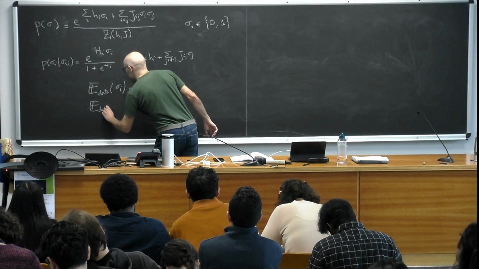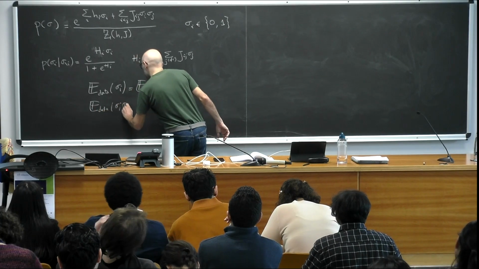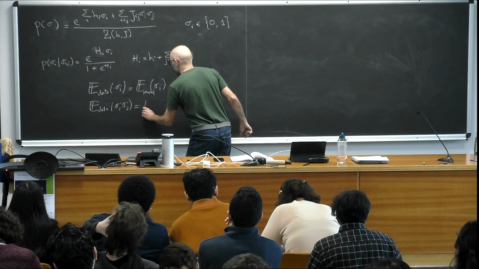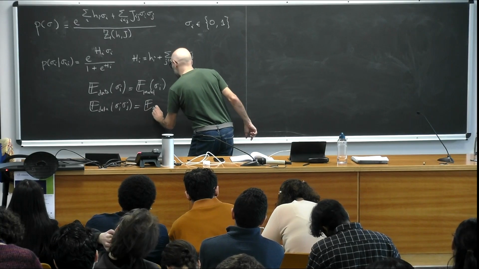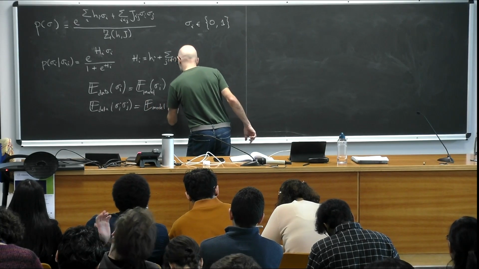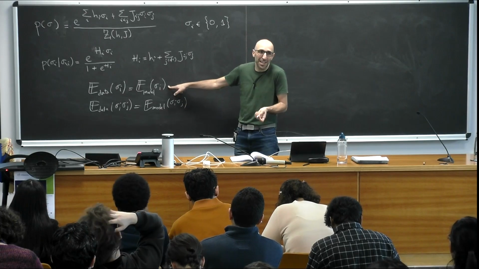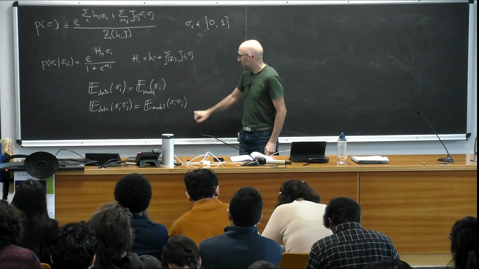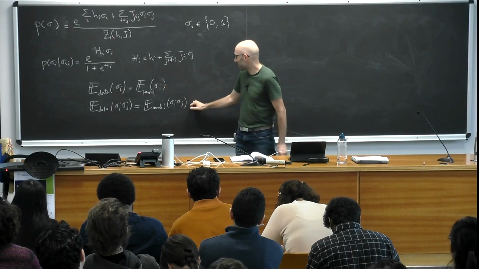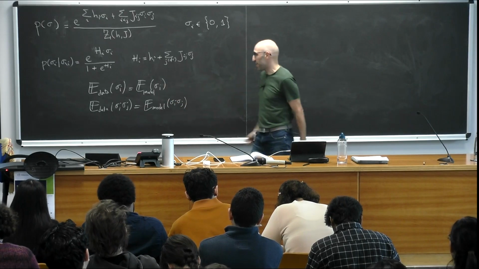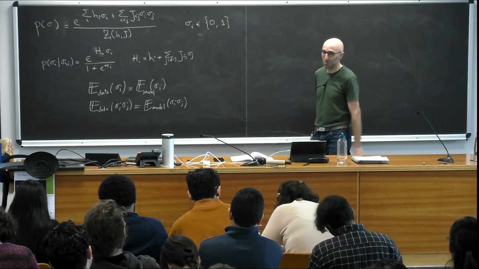So this is also the maximum entropy distribution that is consistent with fixing the firing rate of each neuron and the joint firing rate of each pair of neurons, if you think about neurons.